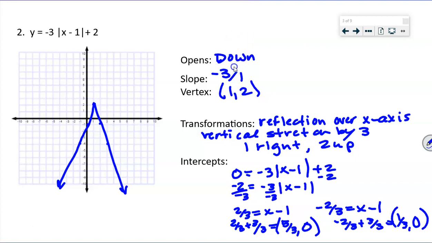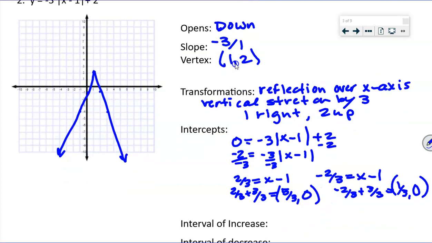Okay. Now we're going to do the y-intercept. So we're going to put y equals -3 times the absolute value of x minus 1, plus 2. We're putting 0 in for x, so 0 minus 1 plus 2. So that's going to be equal to -3 times the absolute value of -1, plus 2. That's going to be -3 times 1 plus 2.